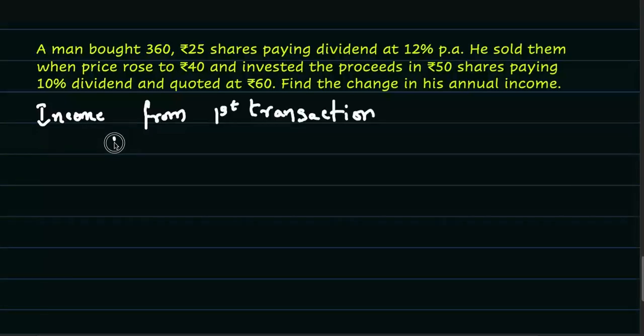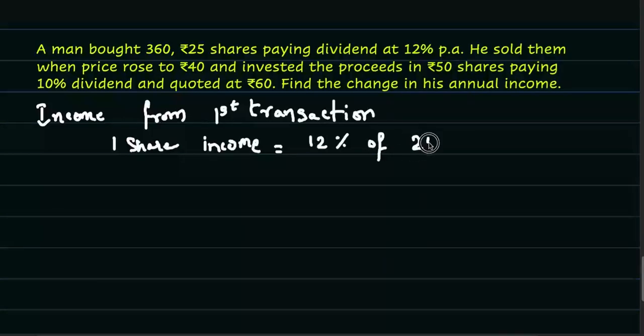So one share is giving how much? One share annual income is 12% of 25 rupees. That will be equal to 25 means 1/4 of 12, 3. So rupees 3 is your one share income.